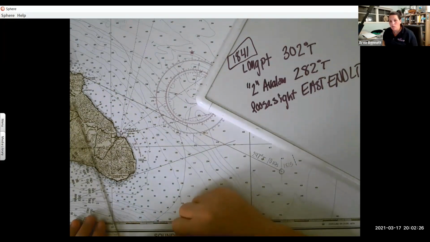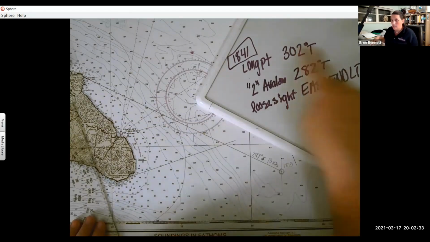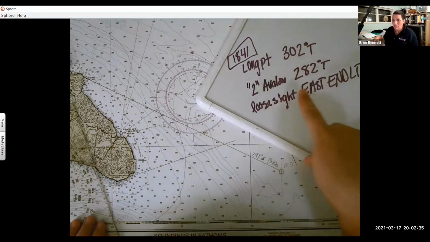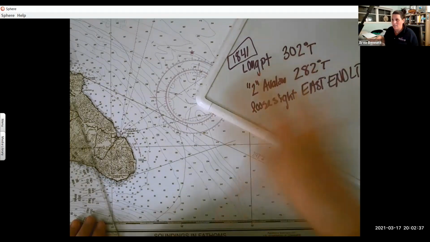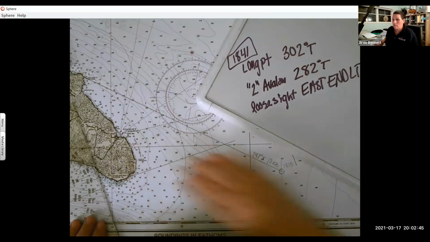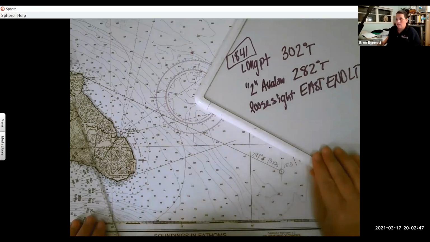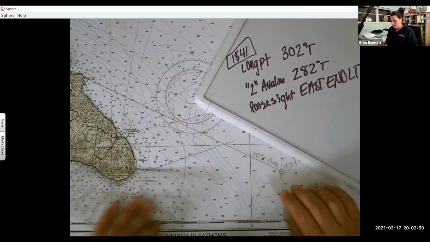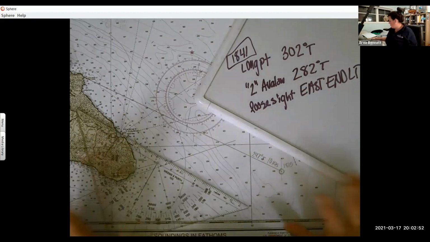So we're going to plot where we are at 1841. I've changed these numbers a bit from the assignment because the assignment gives them to you in relative, which is just extra confusing. Can everyone see that? Okay. So we're going to plot those bearings.